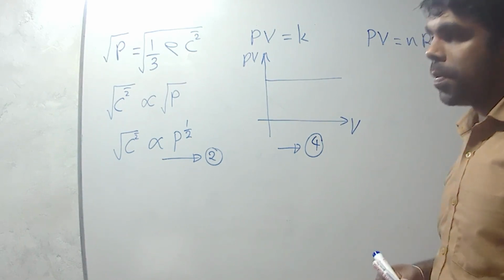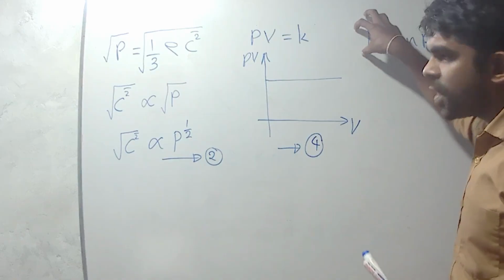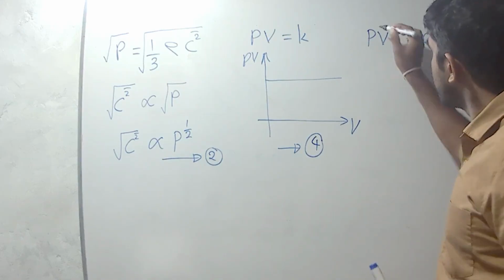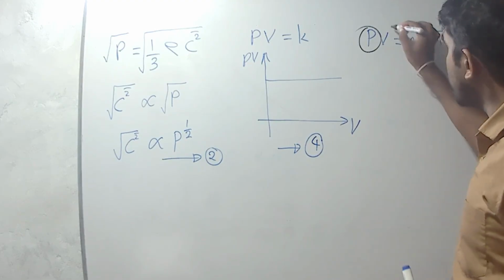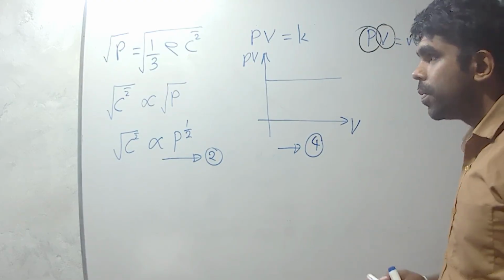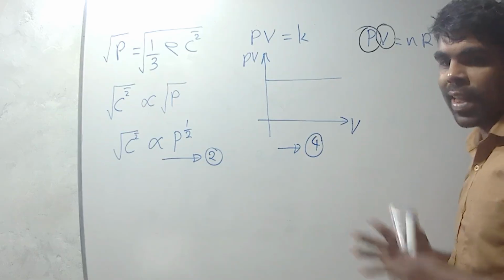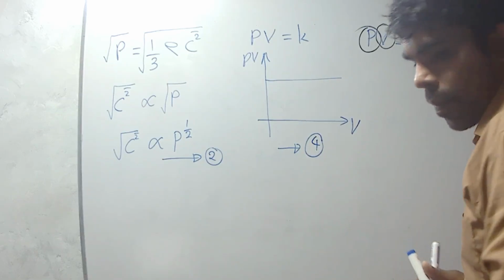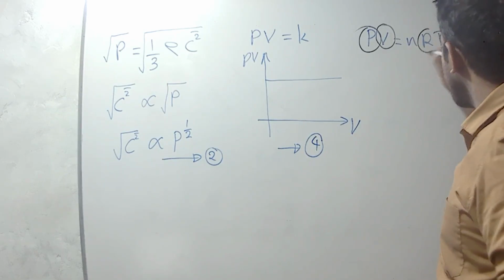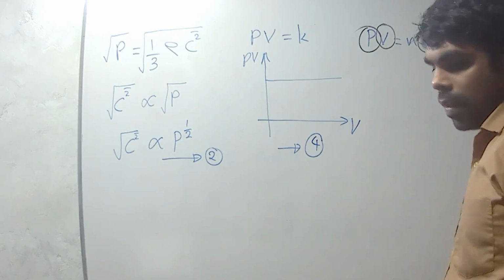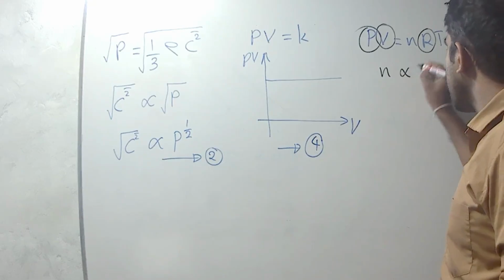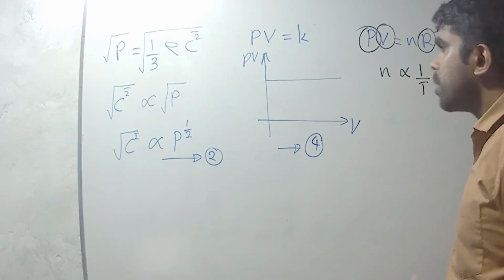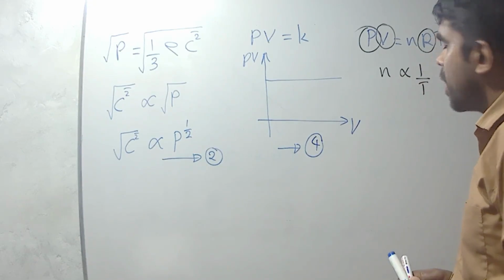Now, pressure is a constant value and volume also a constant value. Volume of container is constant. R is constant. Then we can get number of moles inversely proportional to absolute temperature.